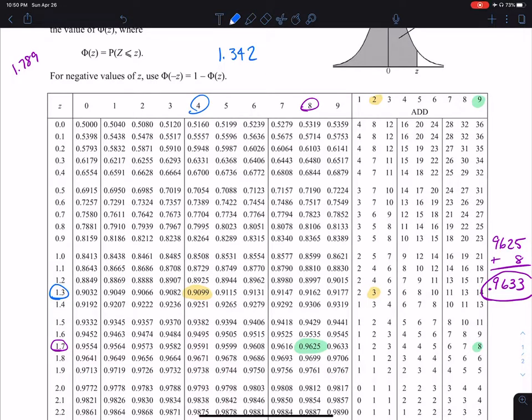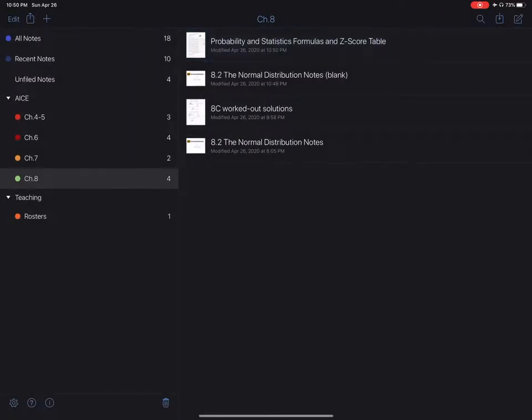So that probability, we're starting off with 9099, and we are adding a 3. That probability turns into 0.9102.